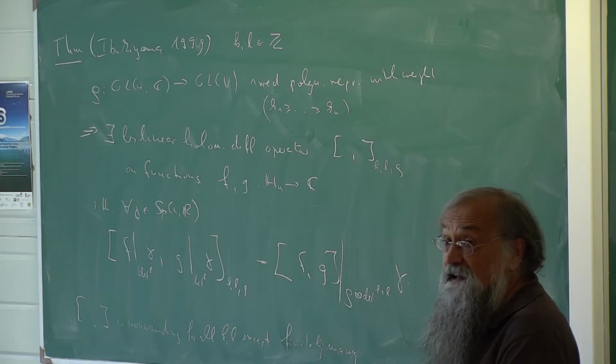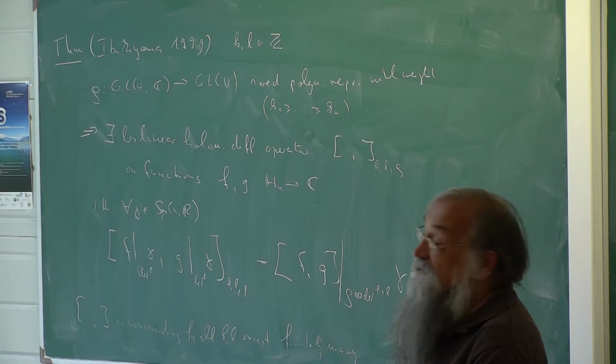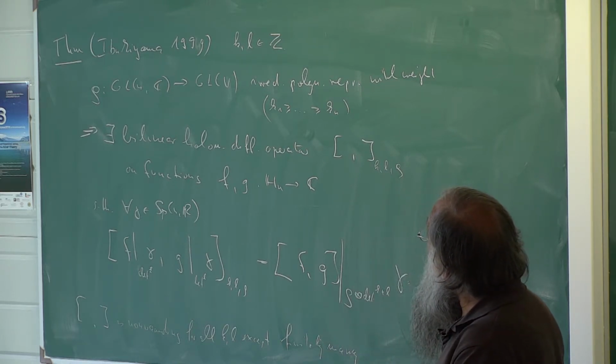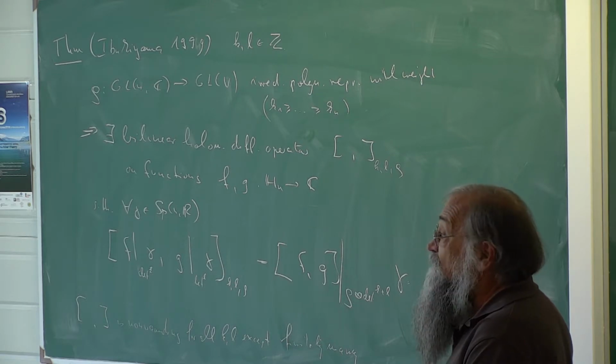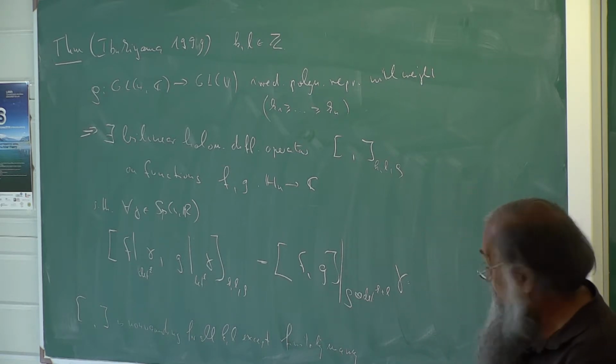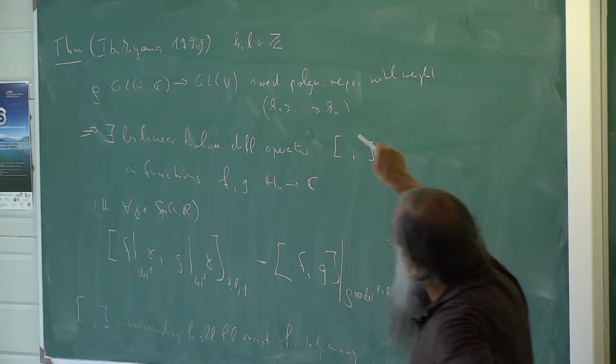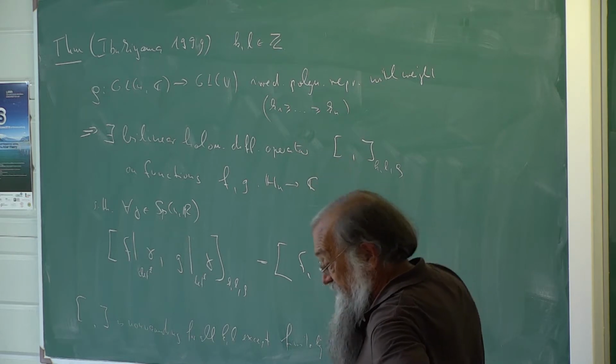This is one thing. And the other thing, which is a special concern of Ibukiyama, is the question to get explicit formulas. I mean, here I wrote down an explicit formula, but that statement you can make without writing down the formulas. And Ibukiyama has many papers on explicitly writing down these formulas.